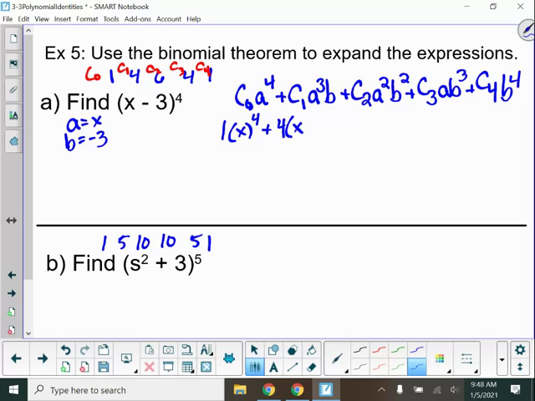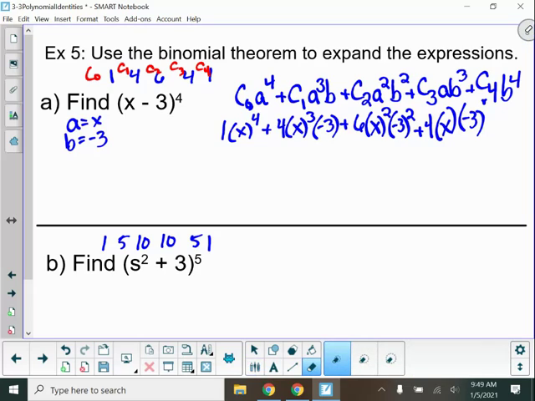Then I have a 4, I have an x to the third, and then times a -3, because my b value is -3. And then I have a 6 times my a value, which is x squared, times my -3 squared. Then I have a 4 times my x times my -3 to the third.